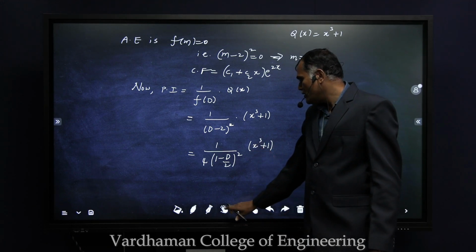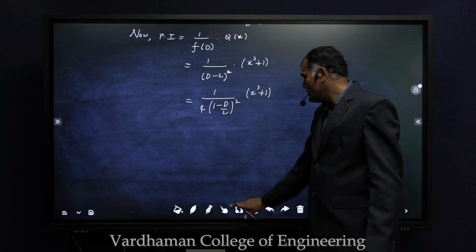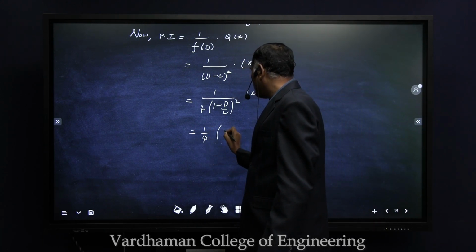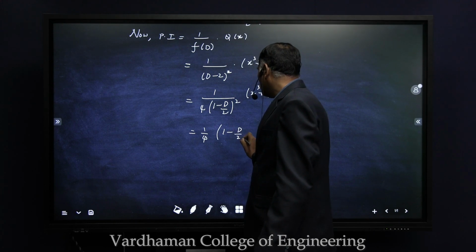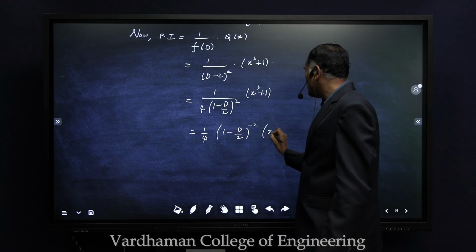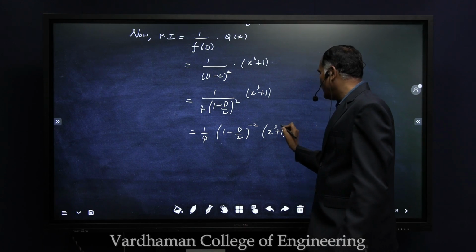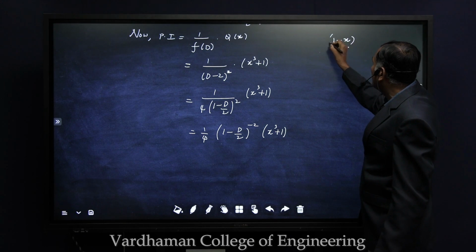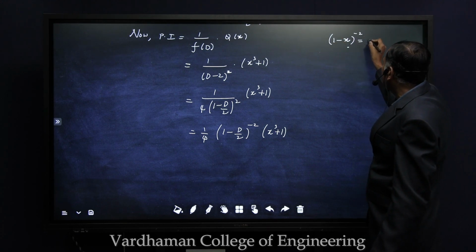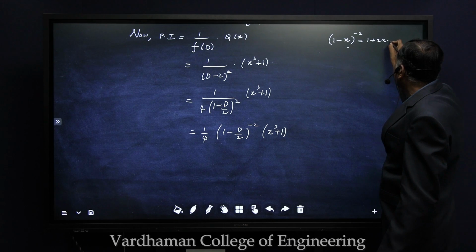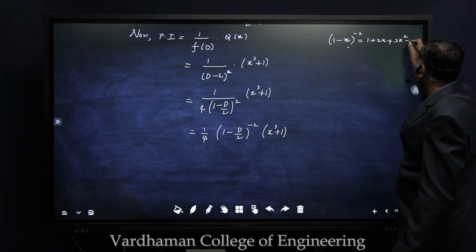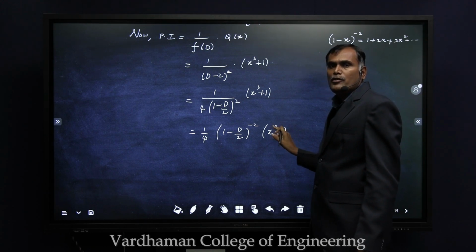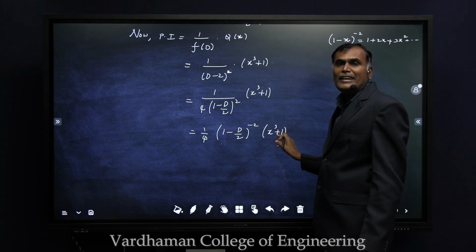Let us simplify this further. 1 by 4 times, by taking this numerator, (1 minus D by 2) whole power minus 2 into (x cube plus 1). Now make use of the formula for (1 minus x) whole power minus 2. The formula says 1 plus 2x plus 3x square and so on. Here it is a polynomial of degree 3, so we write up to the D cube term.